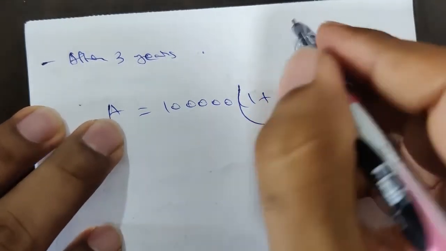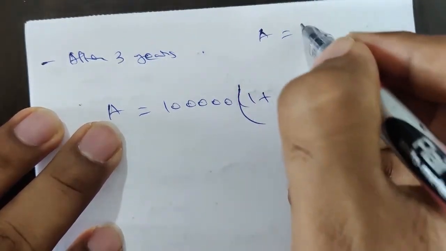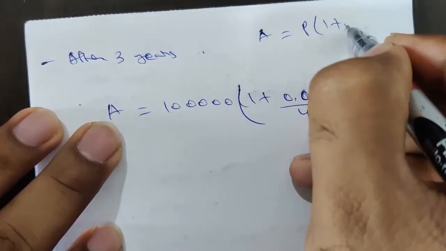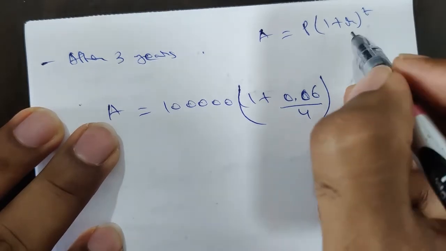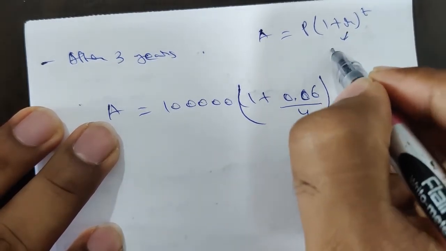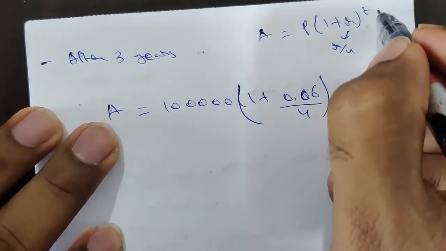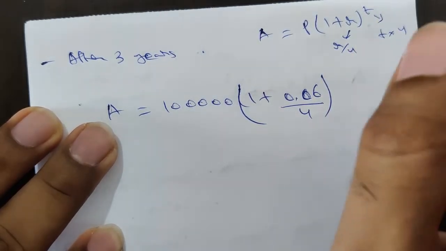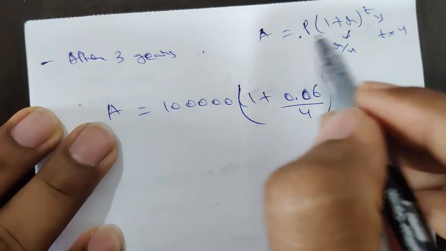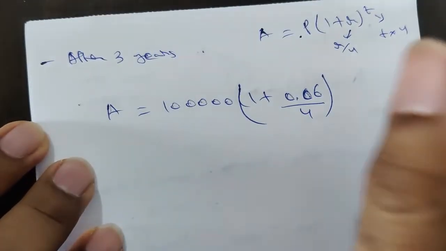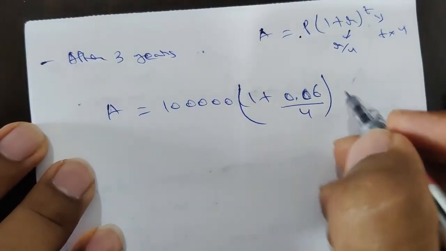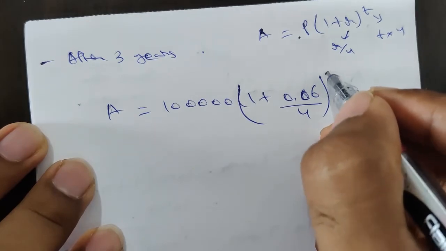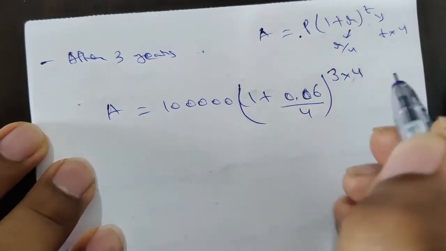So if you see the original formula, it is principal into 1 plus r to the power t. So in case of quarterly compounding, what does r become? r becomes r by 4. And what does your t become? t becomes t into 4. So that's it. If you remember this original formula also, you can easily solve the sums. To the power 3 into 4.